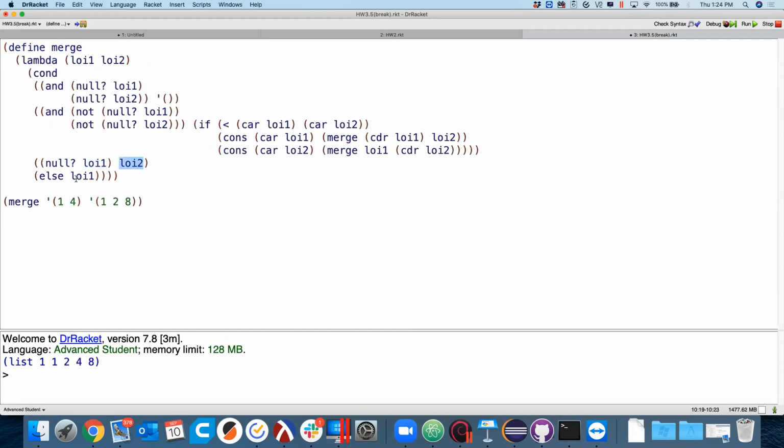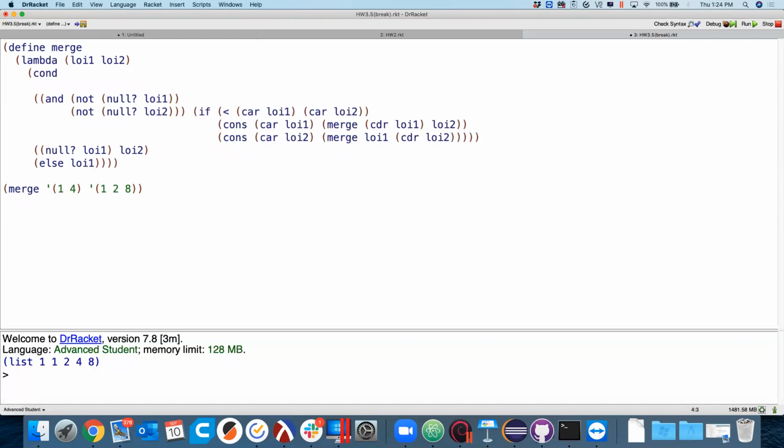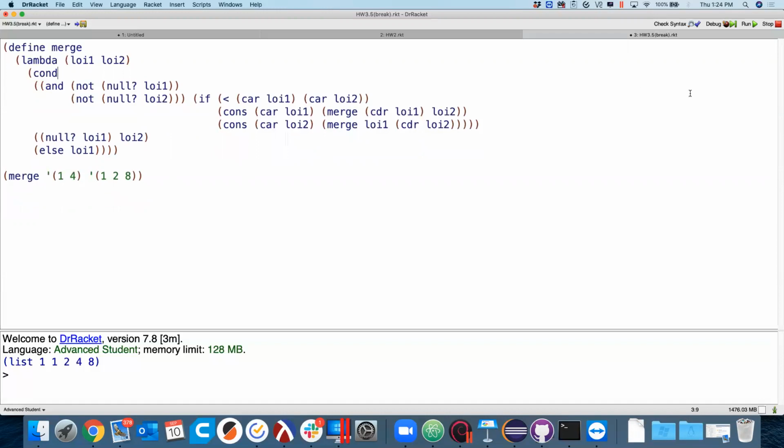Now, with that in mind, if we assume that one of them becomes empty, then this case never will occur, right? Which means that we'll always get our final list from one of those two, which means we can actually dump that and still have a working solution. Because that whole first cond was based on making sure that I eventually have a list. And now I do. I'm guaranteed to have a list.